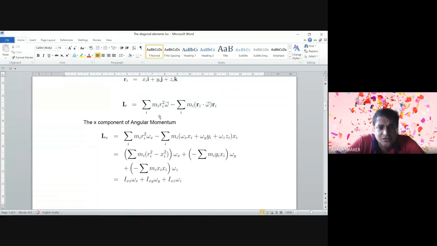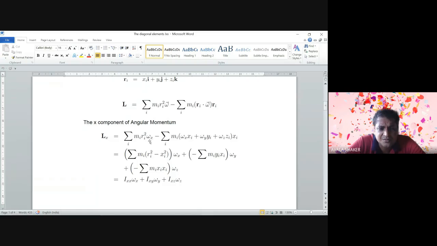Okay, so if you take the x component of it, this is like m_i r_i, just take omega x. Omega is substituted here as omega x, x_i, y, and so on, right? And r_i is taken as x_i.